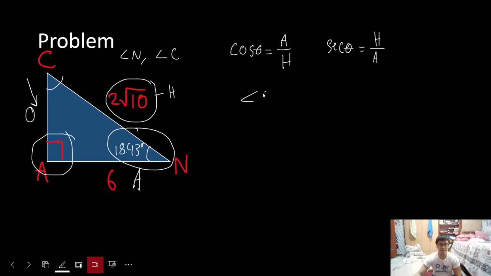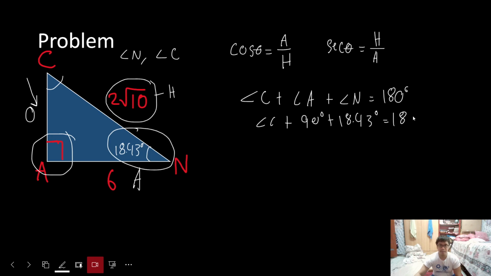So let's find angle C. Angle C plus angle A plus angle N is equal to 180 degrees. So angle C plus your angle A, which is 90 degrees, plus angle N, which is 18.43 degrees. So let's add first the 90 degrees and 18.43 degrees. We will have 108.43 degrees.